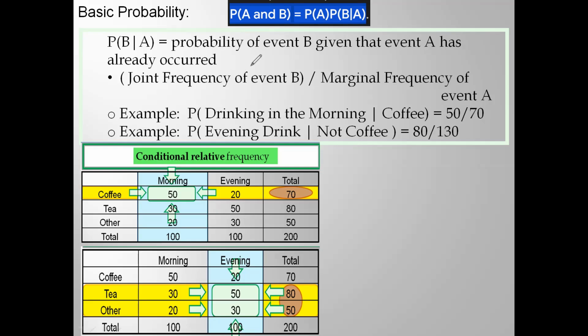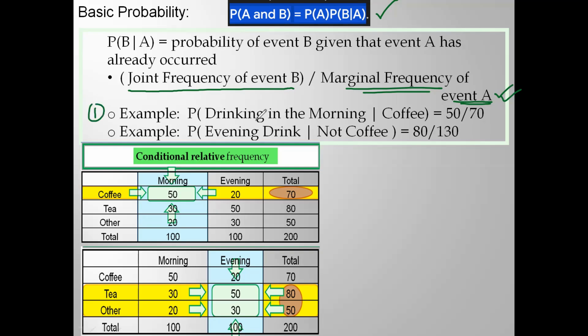This is how we get conditional probability. We have one event and then followed by another event. So as a result, we're thinking about a joint frequency of an event B as our numerator value. And for our denominator or our total, we're looking at a marginal frequency.